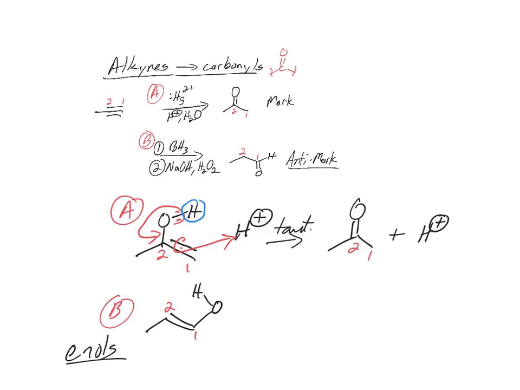What if there is no acid around? If there's no acid around, then all you do is take that H. Sorry, this is that circled blue H there. So there's the tautomerization without acid.